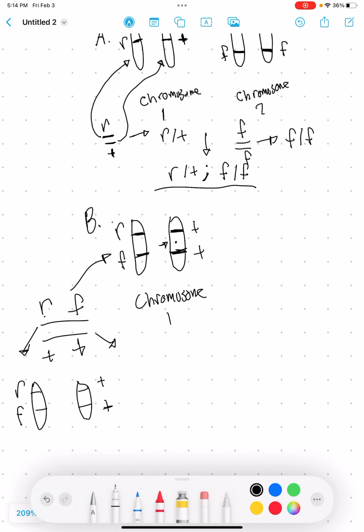So instead, what we need to do is erase one of the alleles at one of the loci, and we just need to swap them. Put a wild type here and an F here.